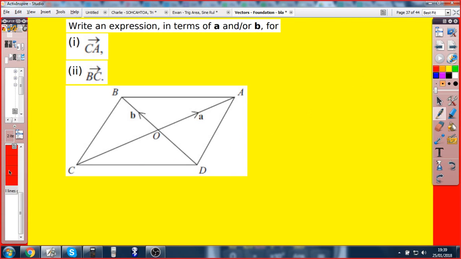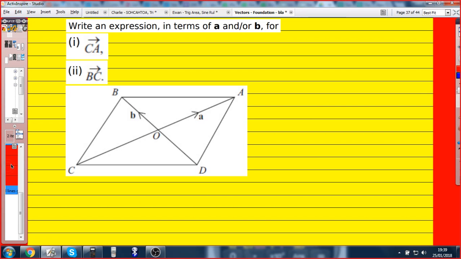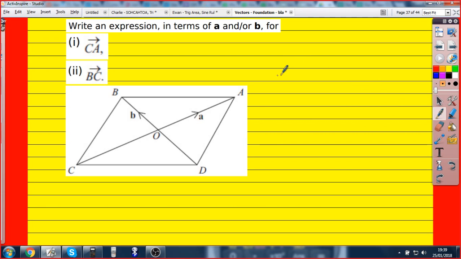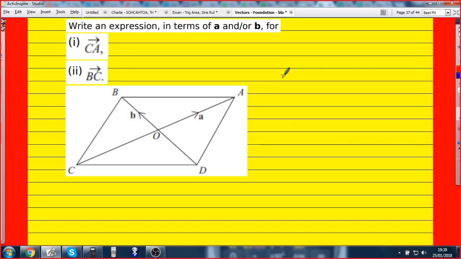This one, we saw it earlier. We now need, what is C to A? O to A is A. Oh, so C to A is 2A.